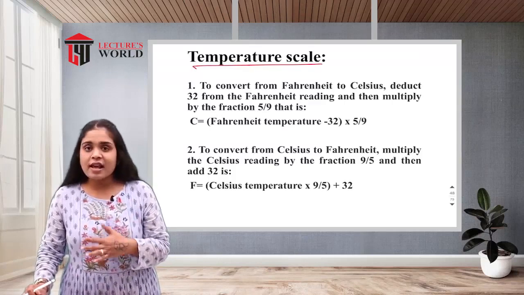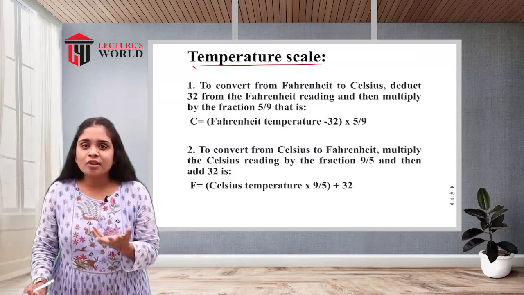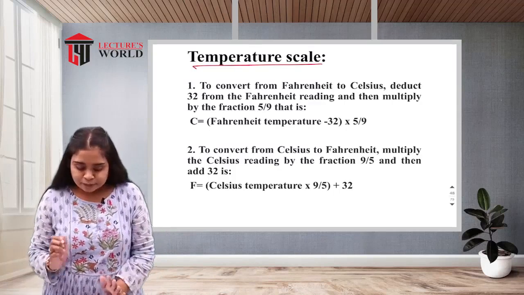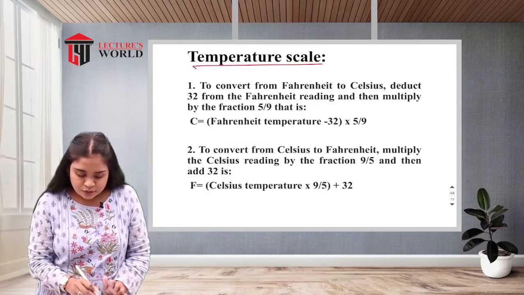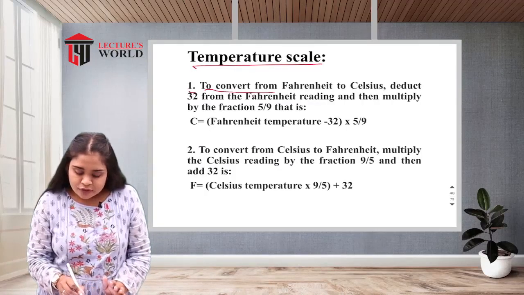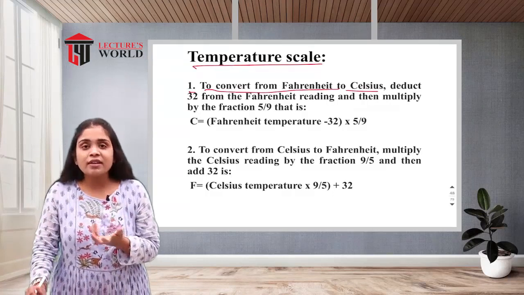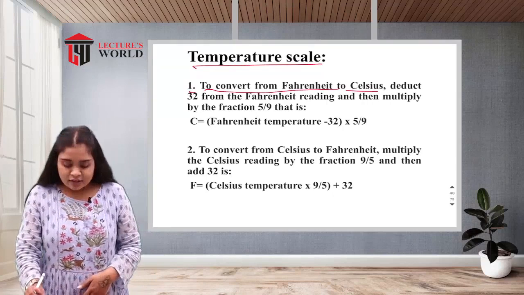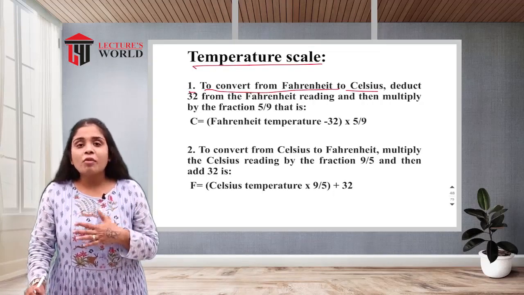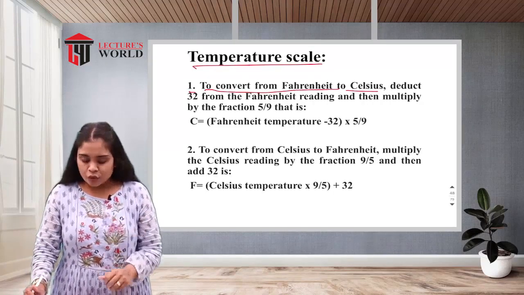Here the scale has been given, so you have to calculate according to that. First, we're talking about converting from Fahrenheit to Celsius. If we have the temperature reading in Fahrenheit but we want to know it in Celsius, what do we have to do?